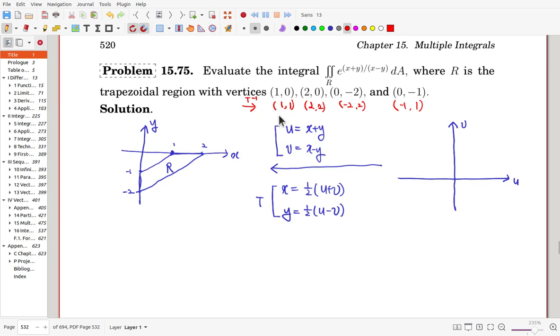Let's connect these 4 points: 1, 1 is this one, 2, 2 is that one, minus 2 and 2 is this one, and minus 1 and 1. So we have that quadrilateral. That is Q.